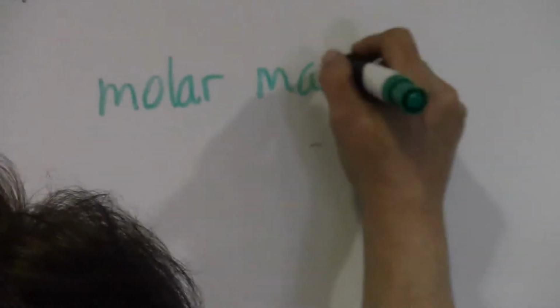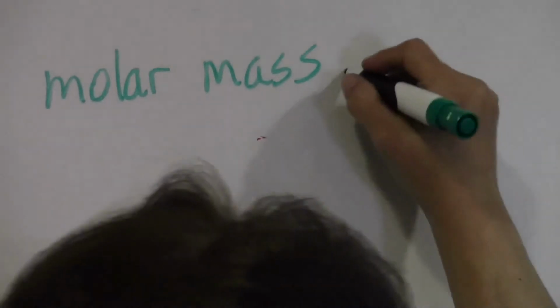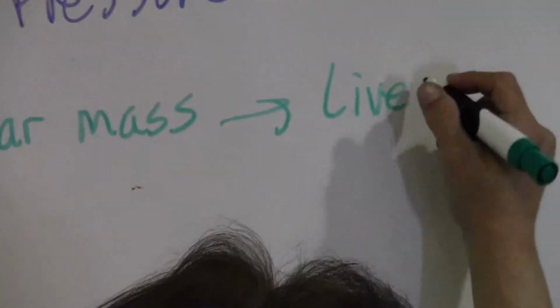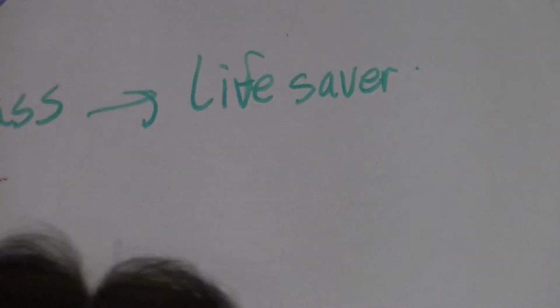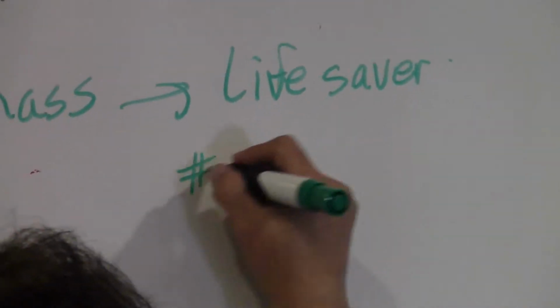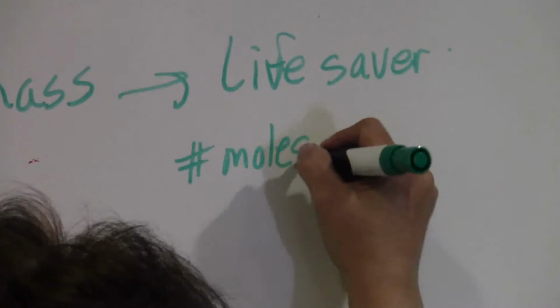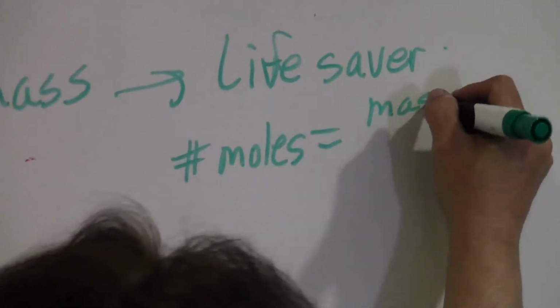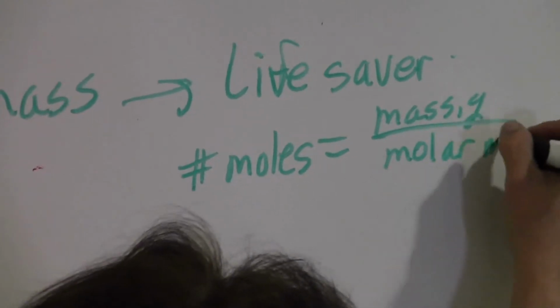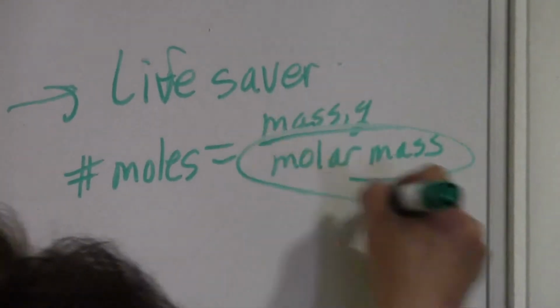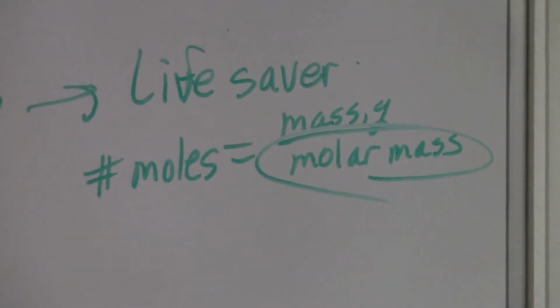Now that's really nasty, unless you remember our lifesaver equations. Remember, number of moles, lifesaver number 1, equals the mass in grams divided by the molar mass. As soon as you saw molar mass, you should have thought lifesaver.